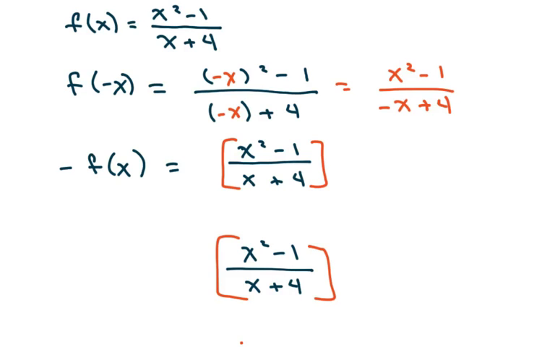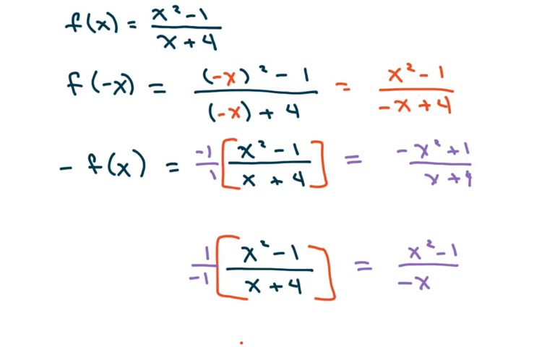On the first one, I'm going to multiply by negative 1 over 1, and on the second one, I'm going to multiply by 1 over negative 1. Those are your two possibilities. So for the first one, we get negative x squared plus 1 over x plus 4, or we could get x squared minus 1 over negative x minus 4. These are both solutions.